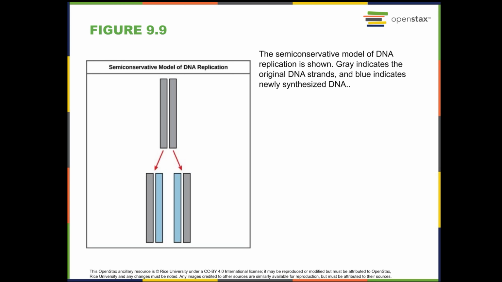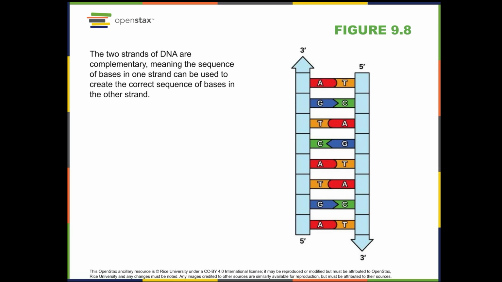When that DNA is split and copied, what we're left with is two new strands of DNA, but each contains one strand from the parent strand. Since each strand of DNA is complementary to the other side, one strand of information can be used to create the opposite strand. This is what leads to the semi-conservative nature of DNA's replication.